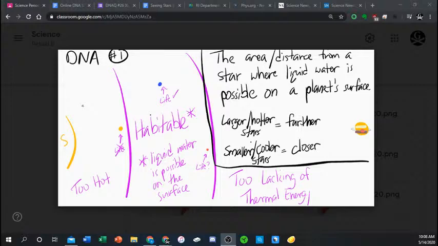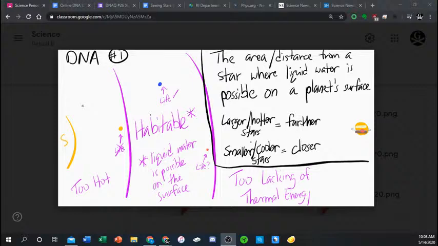If a star is smaller and cooler, like a red dwarf, remember we have 3 kind of like main sequence kind of stars, or young adult stars. We have red dwarfs, yellow main sequence, and then we have blue supergiants. Blue supergiant, larger and hotter, means the habitable zone will be further away. And then if it's a red dwarf, smaller and cooler, it would be closer.